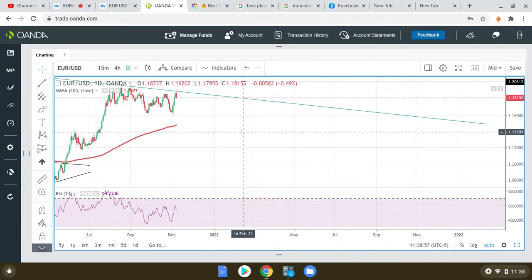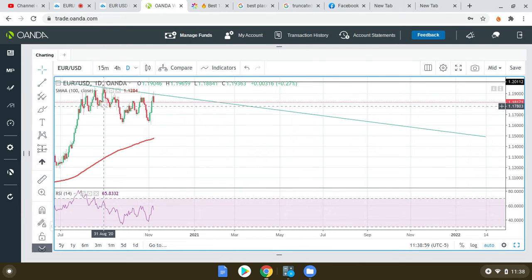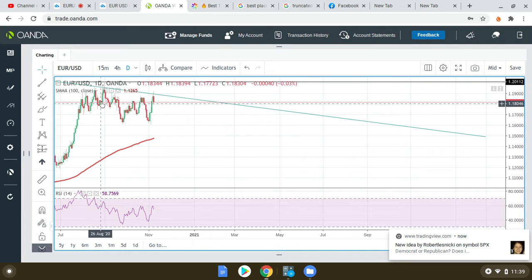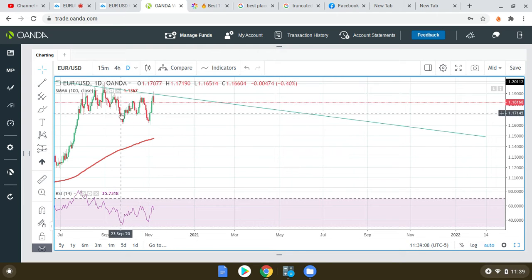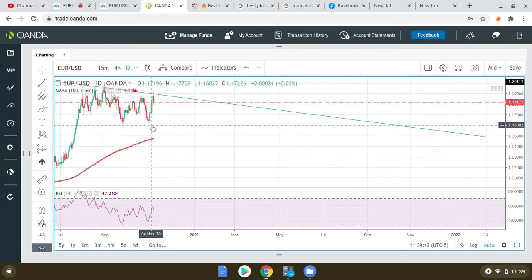What's going on right now in the EurUsd is that we corrected down. This is really a 3 wave movement right here. It's just complex, so it's really like WXY, right? We know that's Y because this low was lower than this, so that ruled out a couple of other patterns.